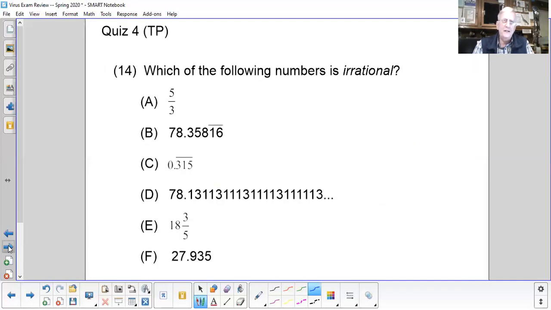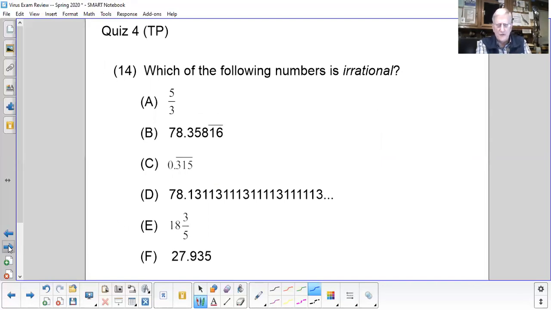Let's go to 14. Which of the following numbers is irrational? Well, A is a fraction, so it's rational. B is a repeating decimal, 161616 on the end. It's rational. 0.315, 315, 315, forever to infinity is also rational.